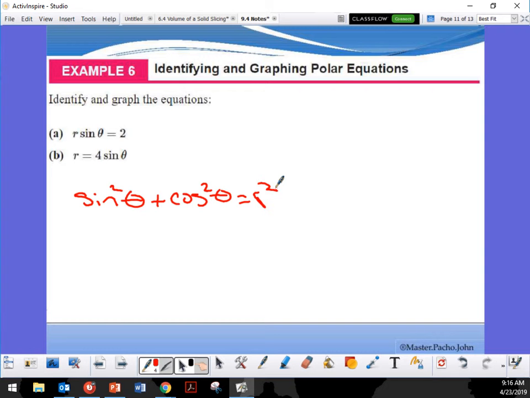So using this, what could I try to do for this? Square it. R squared equals 16 sine squared theta. Okay. So could I multiply both sides by r?